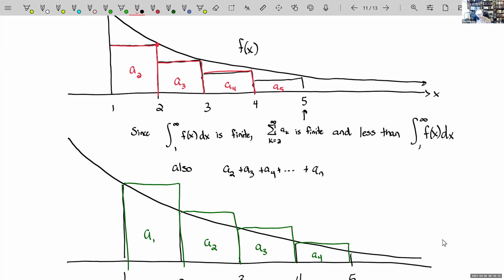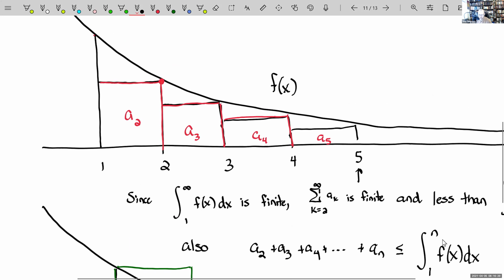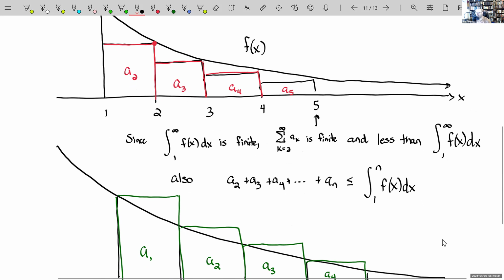So I ended my picture at a sub 5, but the reality is we can go all the way to a sub n. That's going to be less than or equal to the integral from 1 to n of f of x dx. Again, that just matches up with our picture right there. Okay. Let's see.